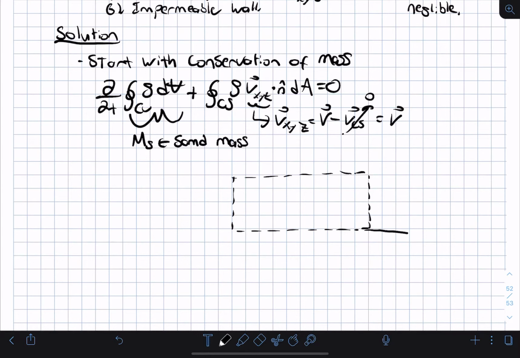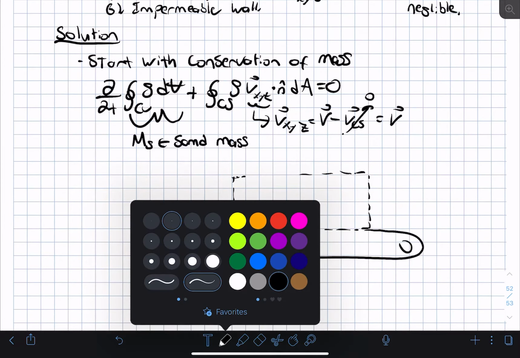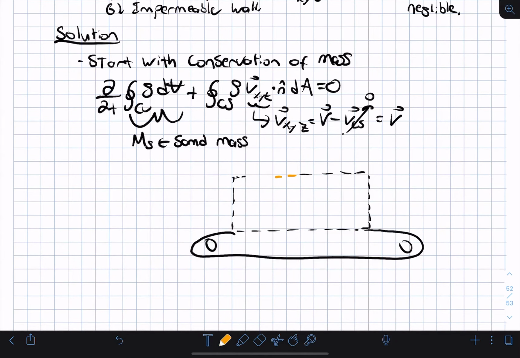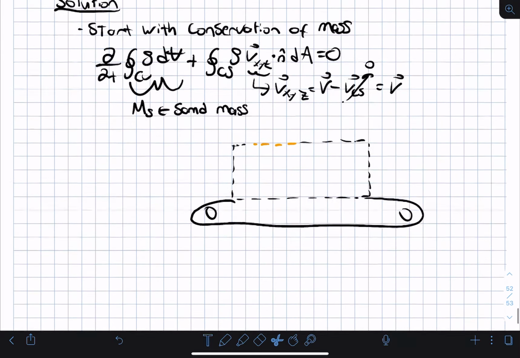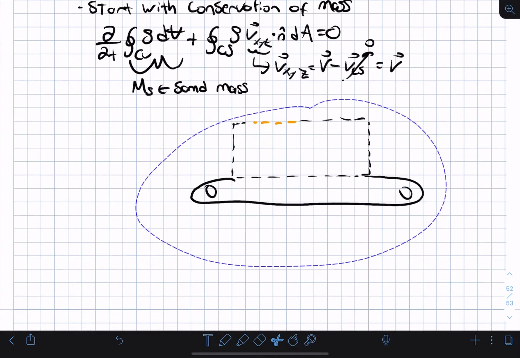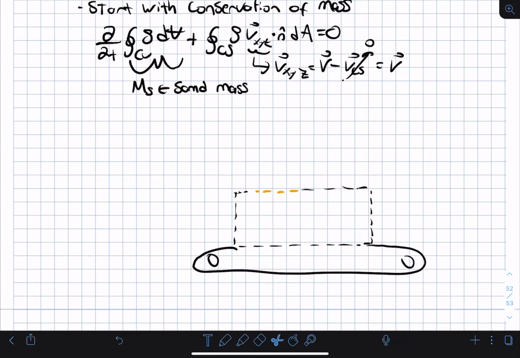And just for reference, we have the conveyor belt right here. Okay, and so we do have a couple pieces to the top here. We have a portion here, I'm going to draw that in a different color, where the sand is falling through. And I'm going to scooch this down a little bit to give myself more room.